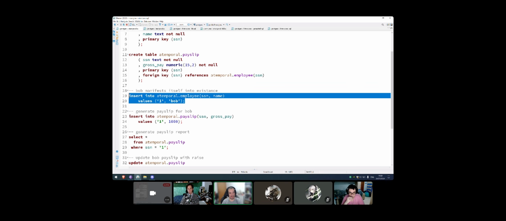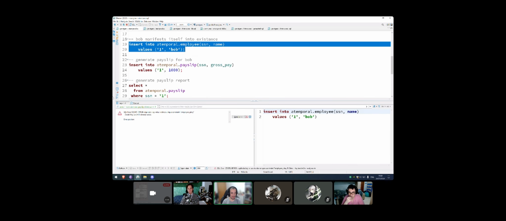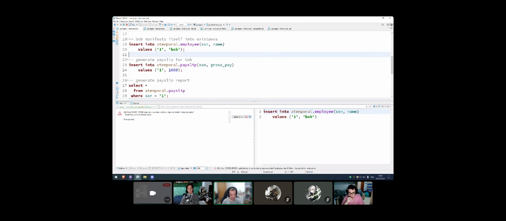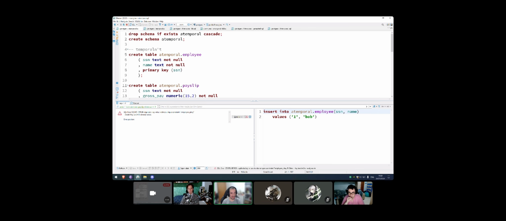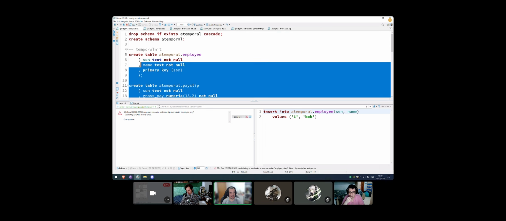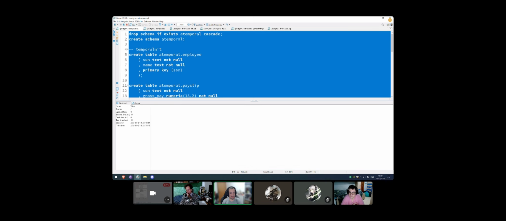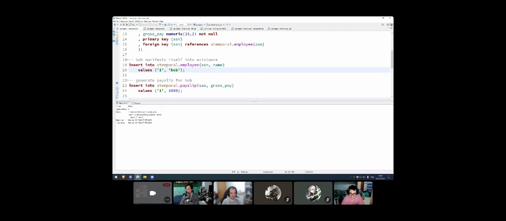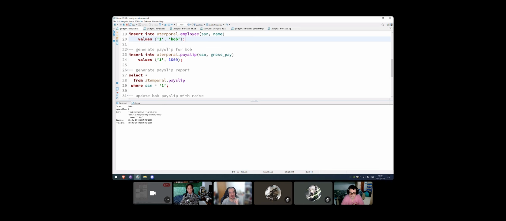So Bob manifests himself into existence for some reason. Oh, yeah, he already exists. Let me start over. Why do I need to use my mouse? That's painful. So Bob exists now, and we can generate his payslip for the first time frame.